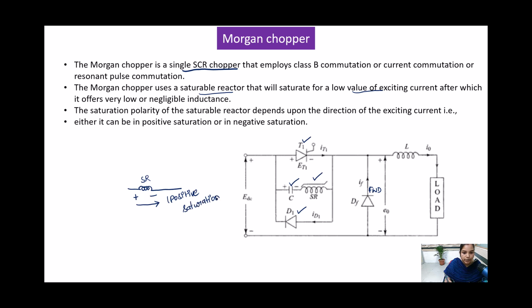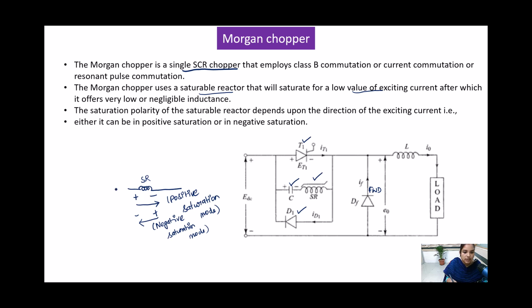If the polarity changes from plus to minus, then the current flow will be like this. This will be represented as negative saturation mode. So we have two modes in this saturable reactor, positive and negative.